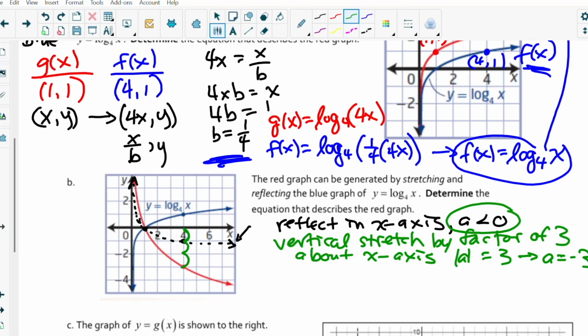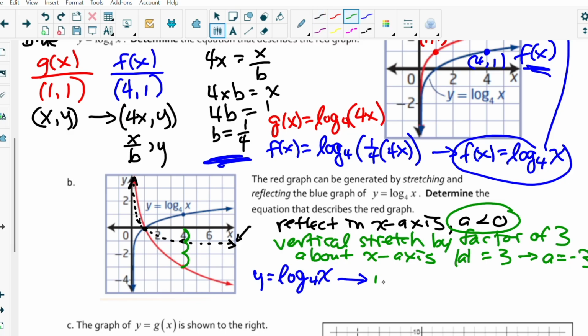Okay, determine the equation that describes the red graph. So if I start with y equals log base 4 of x, and I'm transforming it with a vertical stretch and a reflection in the x-axis, let's write it in general terms here.